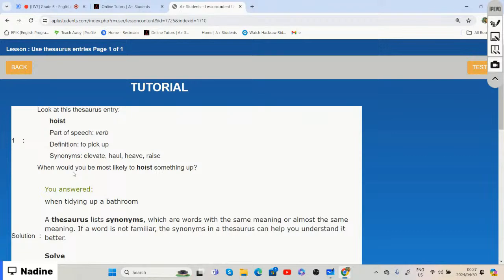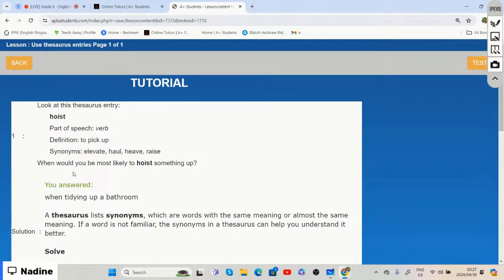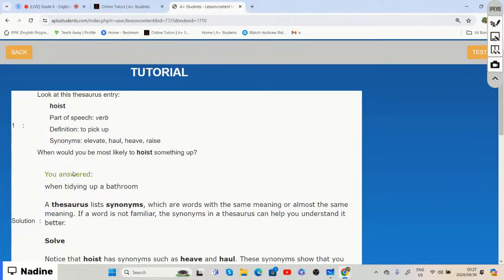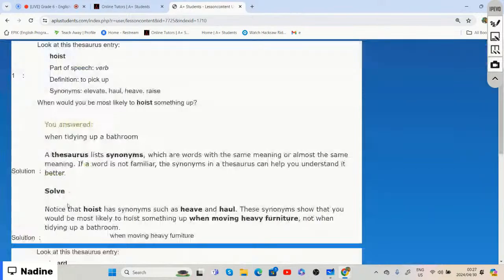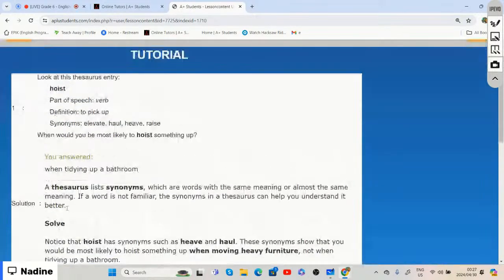So something that would be most likely to hoist something up is moving heavy furniture, right? To hoist something is to pick it up, raise it up, right? That is what hoist is.